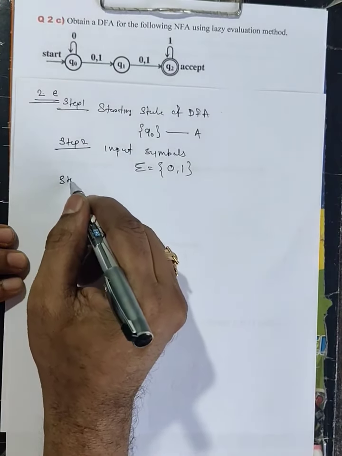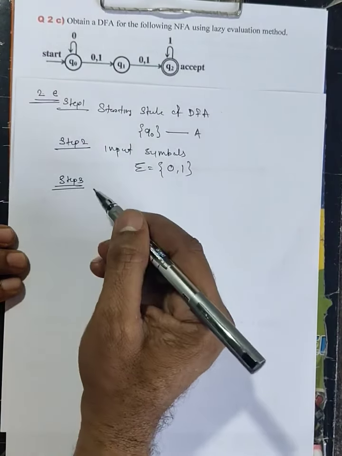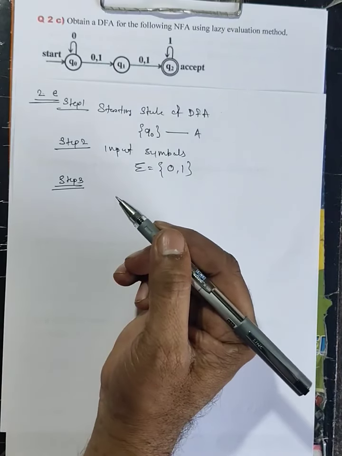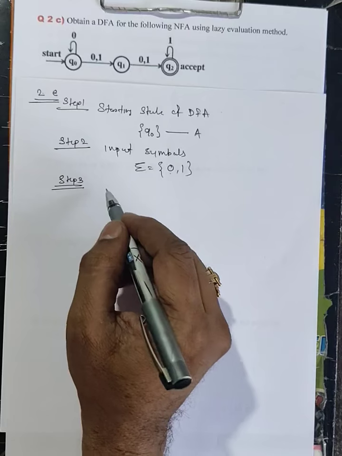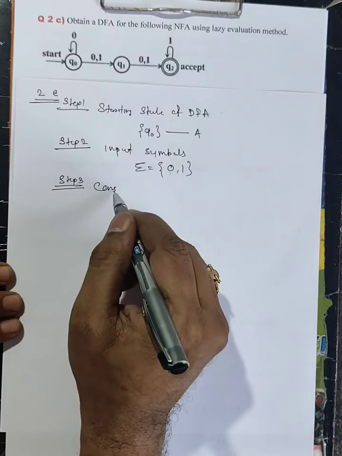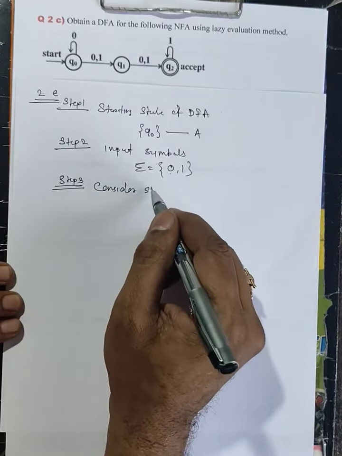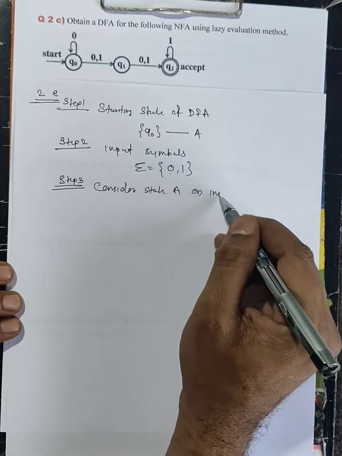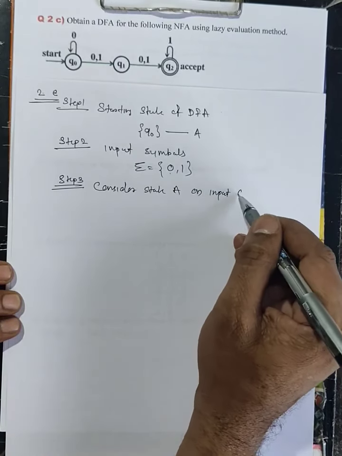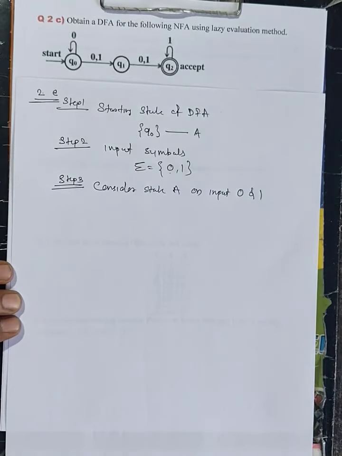Next, step 3. Find all transitions on input symbols 0 and 1 from A. Means consider state A on input 0 and 1. Both are to be checked.